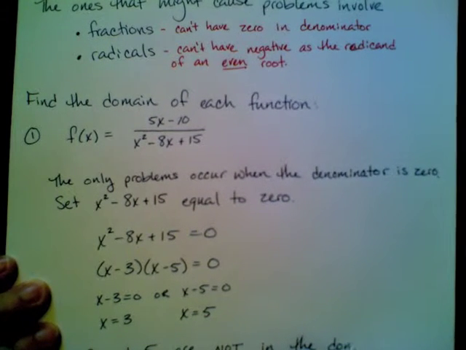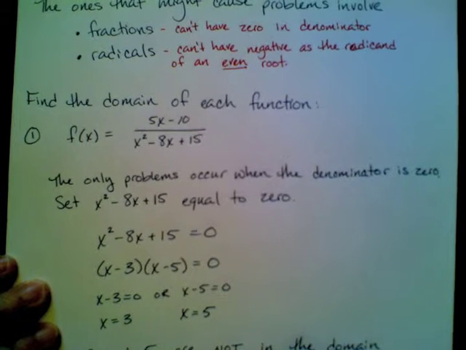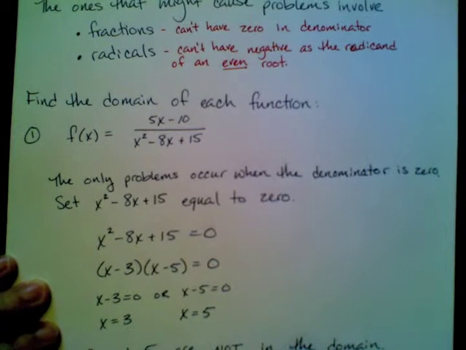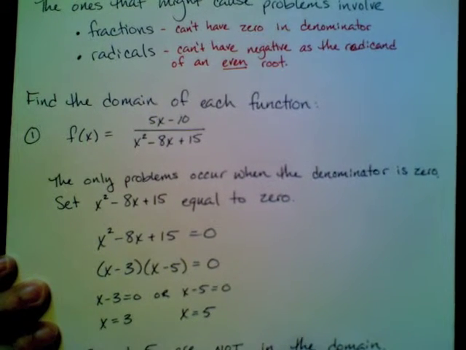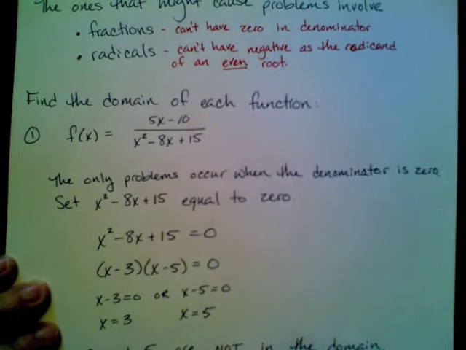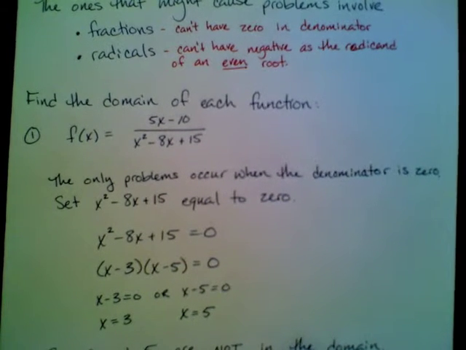So remember, we set it equal to 0, looking for our problem spots. The domain is everything except them. So I can write this in set builder notation as all of the x's in the set of real numbers where x is not equal to 3 and x is not equal to 5.